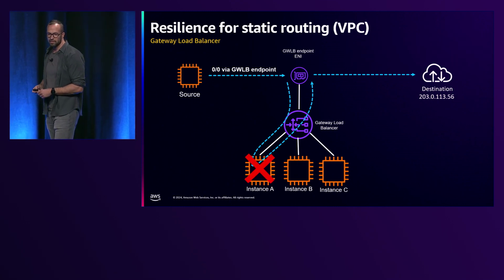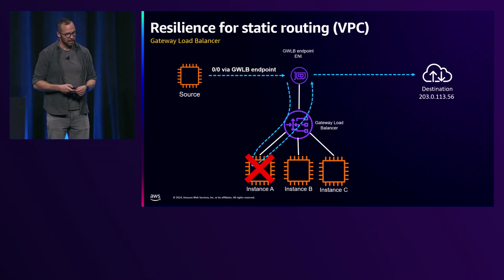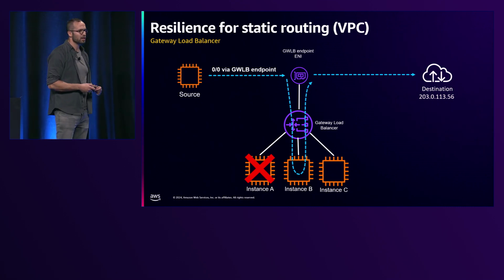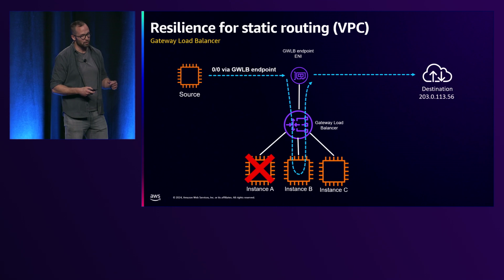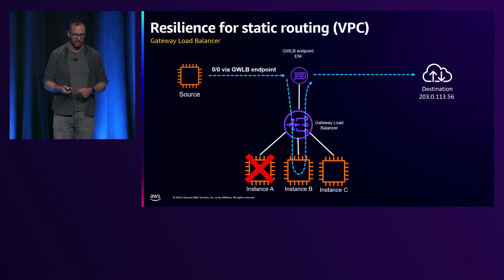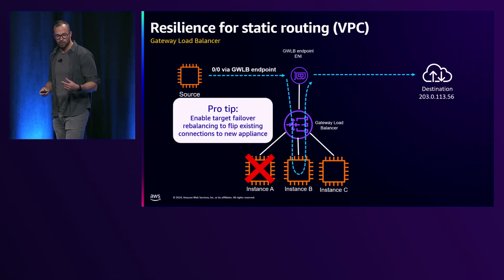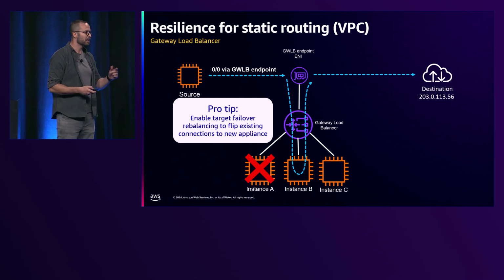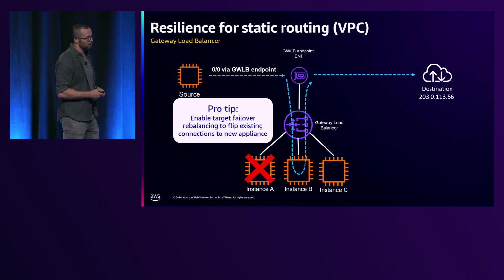Now, if instance A fails, Gateway Load Balancer does health checks, so it automatically realizes that instance A failed and starts moving new flows to instance B. If you need existing flows that were on instance A to be moved to instance B or C, you can enable that in the configuration options on the load balancer.